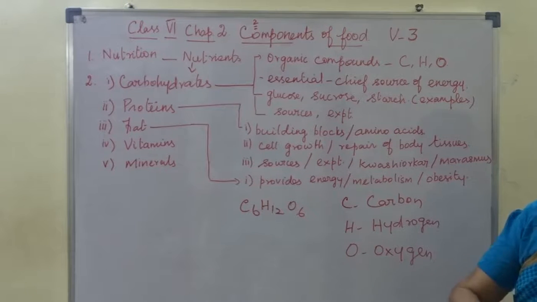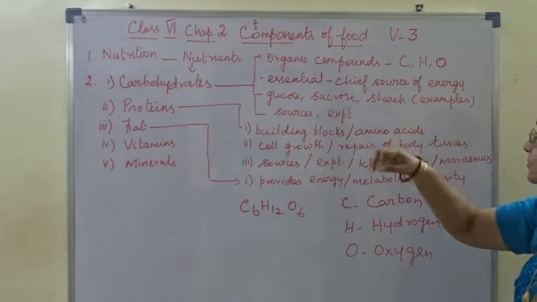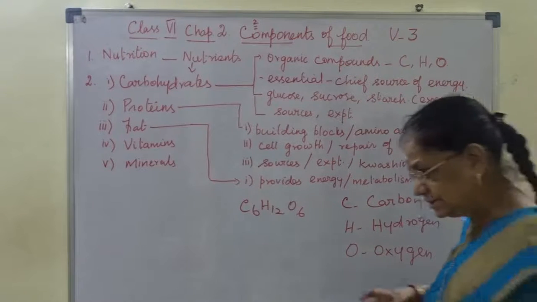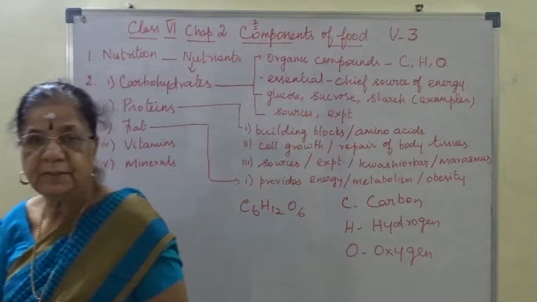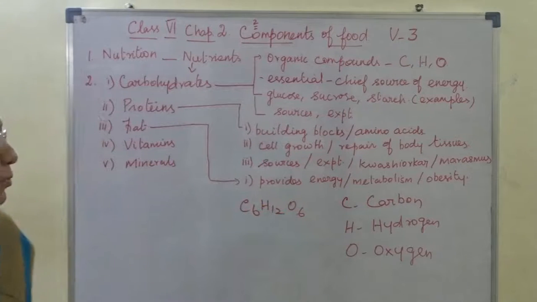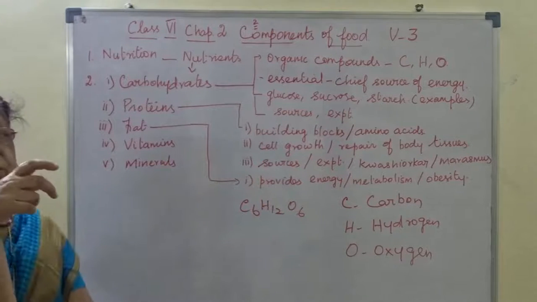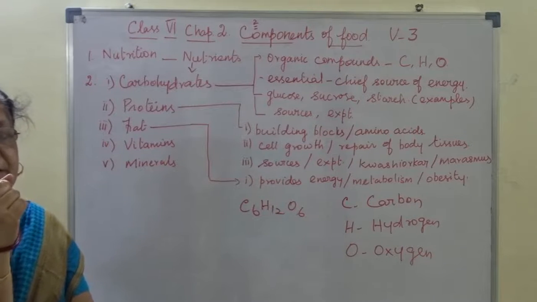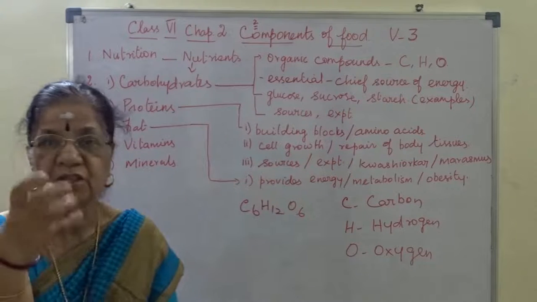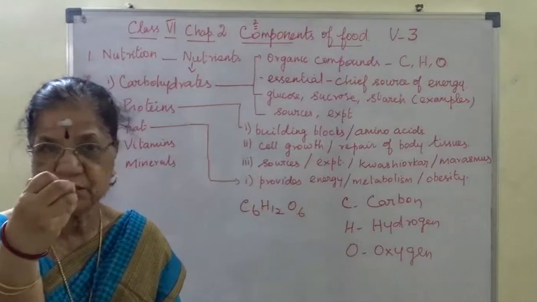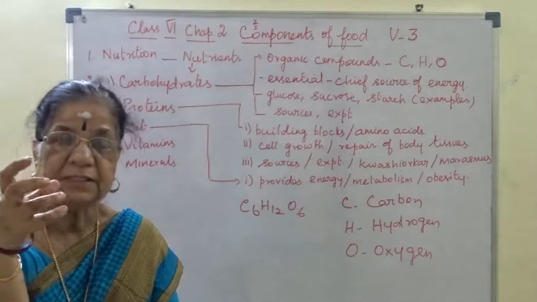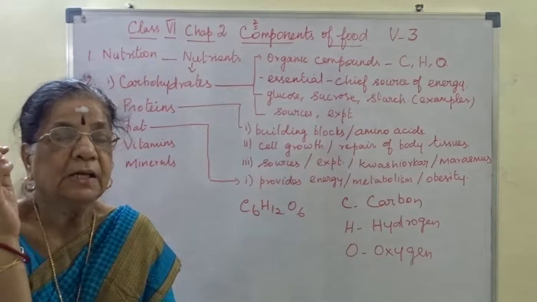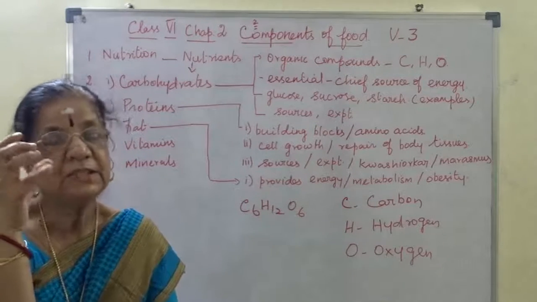These are examples. Then carbohydrate is the most essential requirement of the nutrients, the most essential nutrient, and it is the chief source of energy. Among food items, we don't drink only sambar or only rasam, do we? We eat it with rice, or wheat upma, or wheat rice.